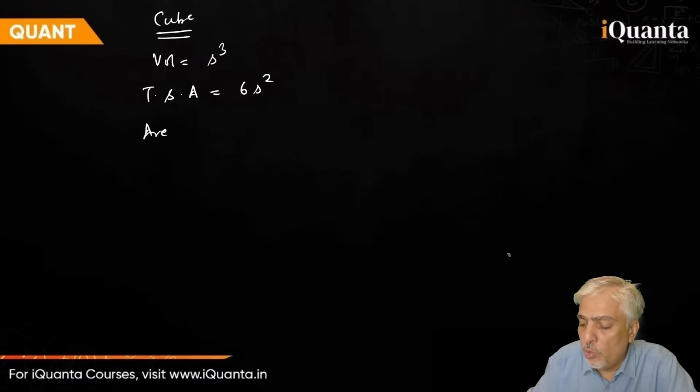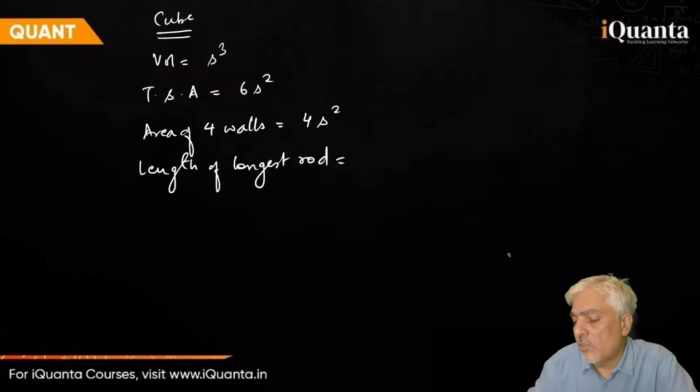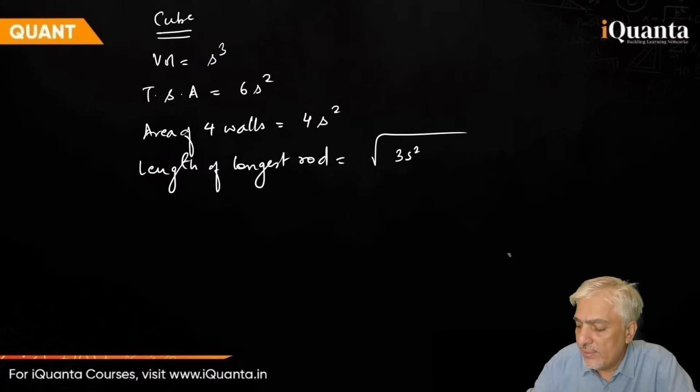And area of 4 walls, or area of the vertical faces, 4 side square. Right? Length of the longest rod. Length of the longest rod is root of side square plus side square plus side square. So root of 3 side square. It can be written as side root 3.